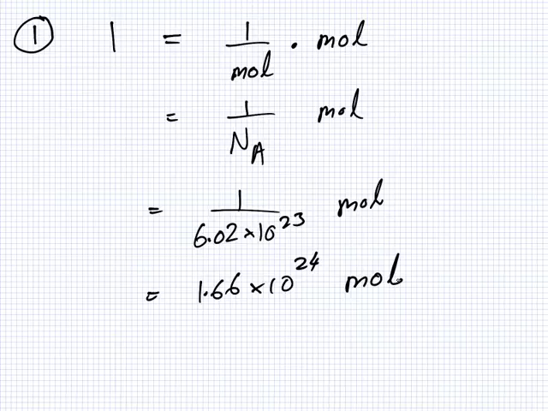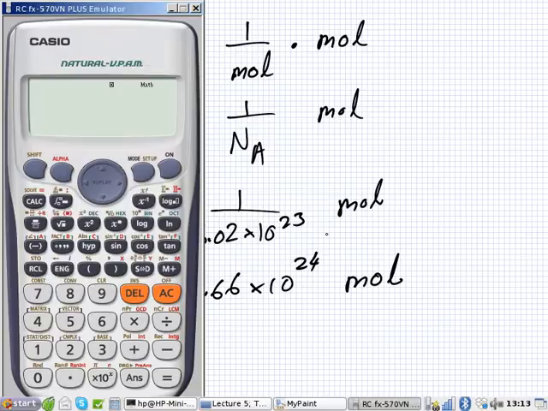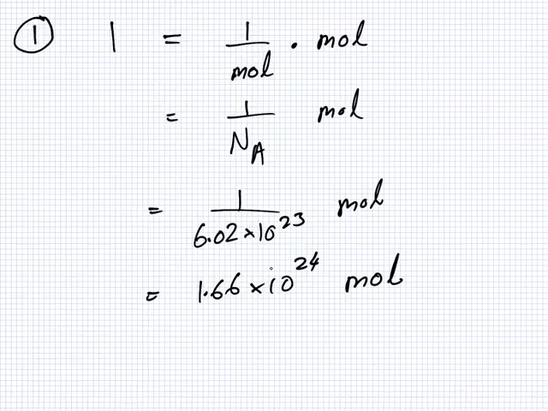Okay, great. Now let me just check. 1 over 6.02 times 10 to the 23. Excellent. Minus 24, not 24, of course not. Minus here. Okay, nearly.